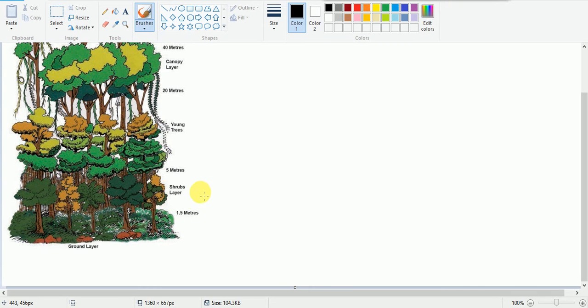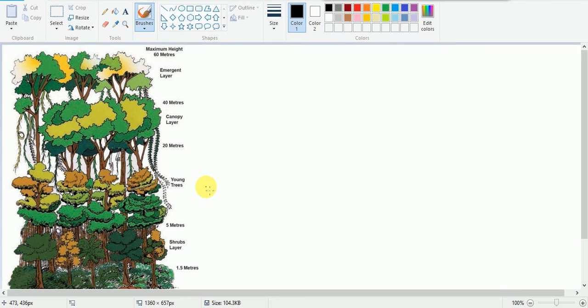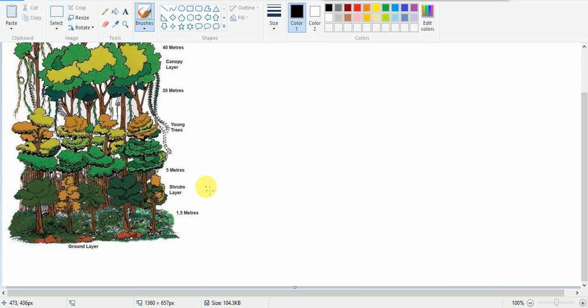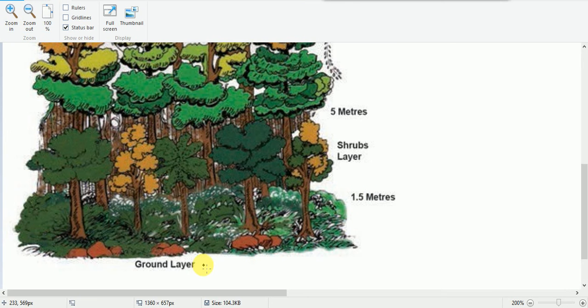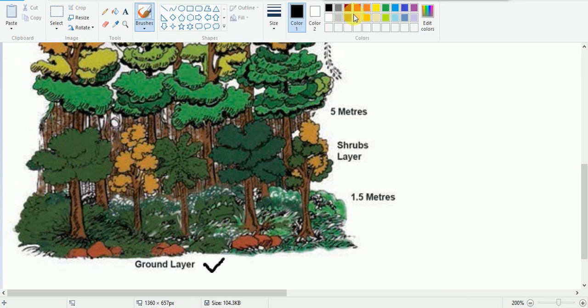See here, this is a typical tropical evergreen forest, and you will see that it has different layers. First we have this ground layer, and next we have this 1.5 meter layer, grasses and creepers.